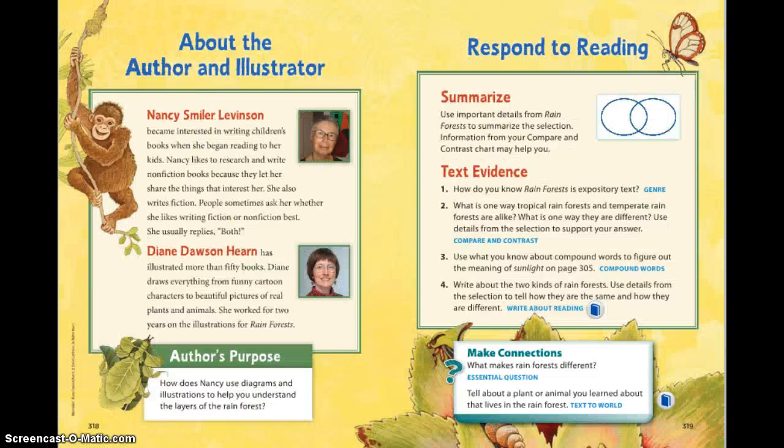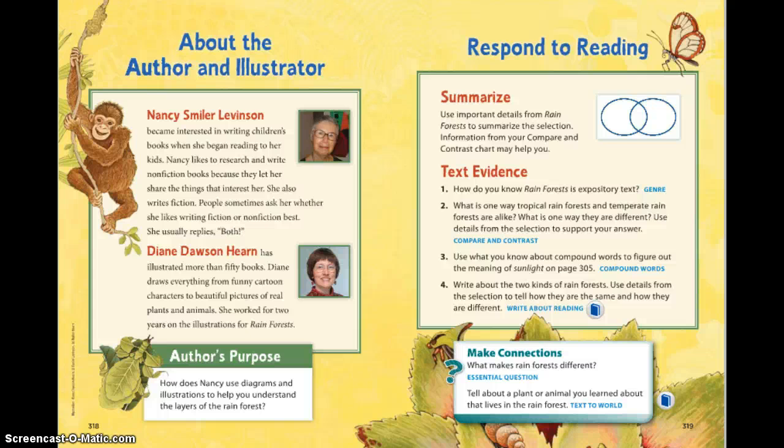About the author and illustrator. Nancy Smiler Levinson became interested in writing children's books when she began reading to her kids. Nancy likes to research and write nonfiction books because they let her share the things that interest her. She also writes fiction. People sometimes ask her whether she likes writing fiction or nonfiction best.